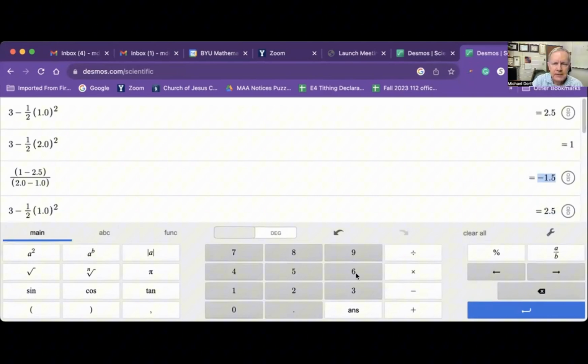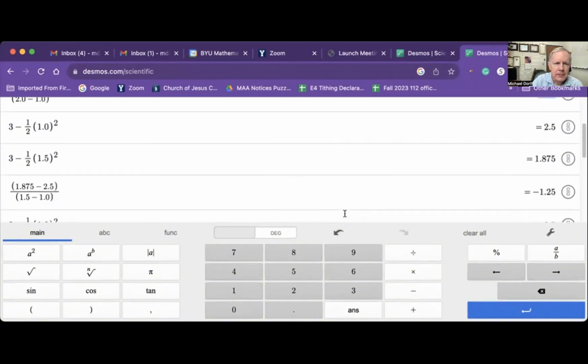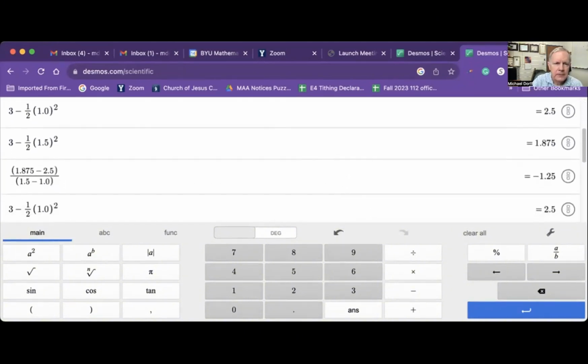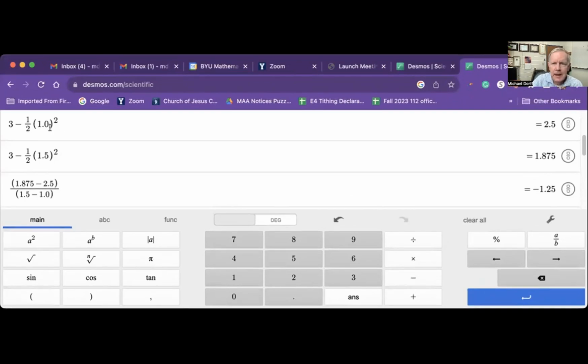Then I can just keep doing this. Next example: again x1 is 1, and this time x2 is 1.5. I put these values into this expression and I get negative 1.25.